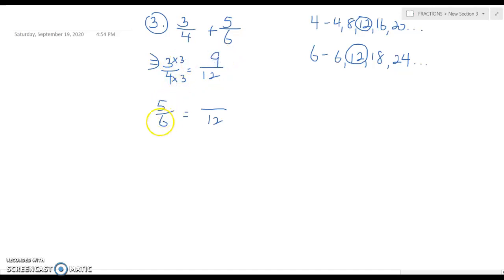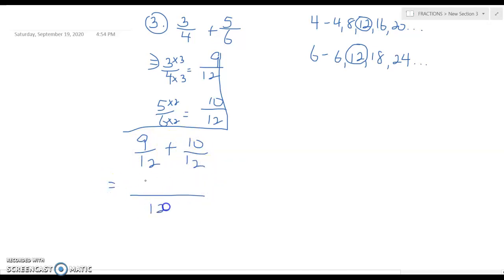You get 9. And then 5 over 6, for the 6, how did we get the 12? 6 by 2. And then do the same thing at the top. So you get 10. Great. Now we're going to take our 2 new fractions with the common denominator, 9 over 12 plus 10 over 12. Right? Put it all over 12 at the top.